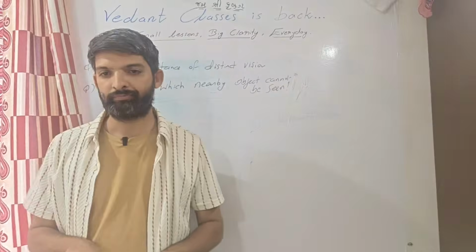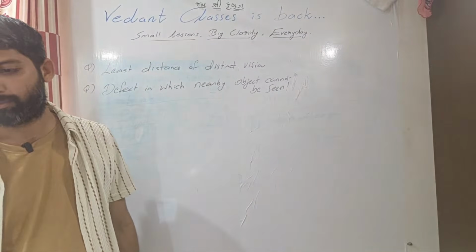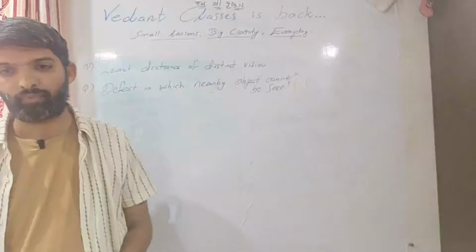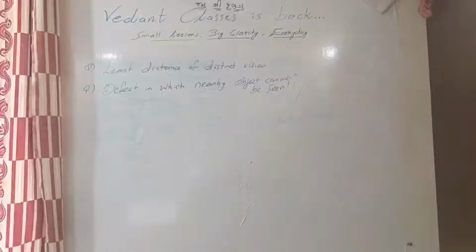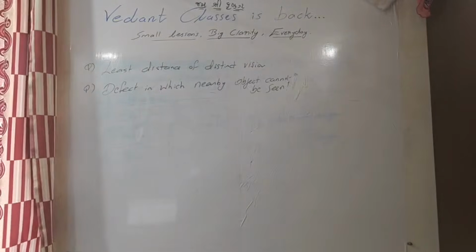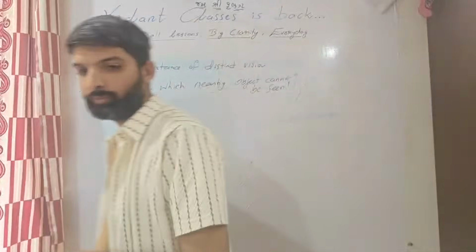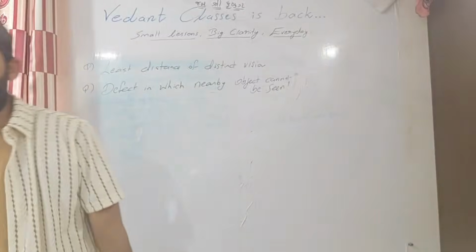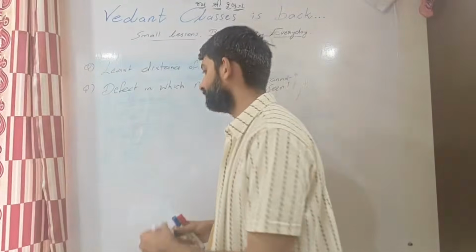Quickly, come on, hurry. Defect in which nearby object cannot be seen. Hypermetropia, farsightedness. They are the correct answers. Very good.